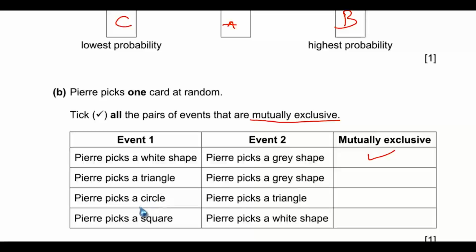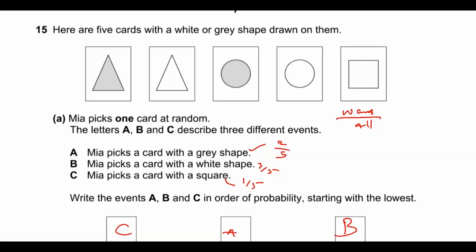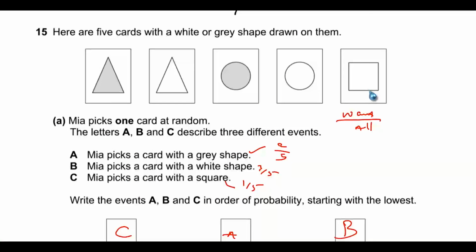For this one now, Pierre picks a circle, then player picks a triangle. The two cannot occur at the same time, so they are mutually exclusive. Then the last one: player picks a square, and Pierre picks a white shape. If you look at it here, the square is white.